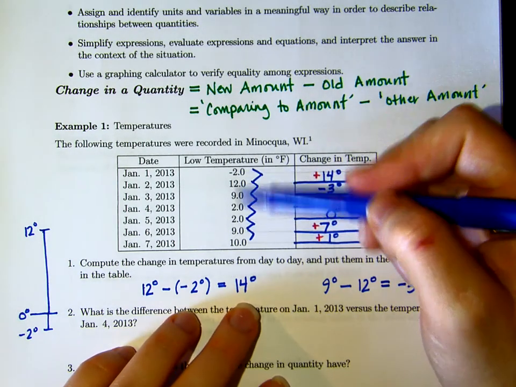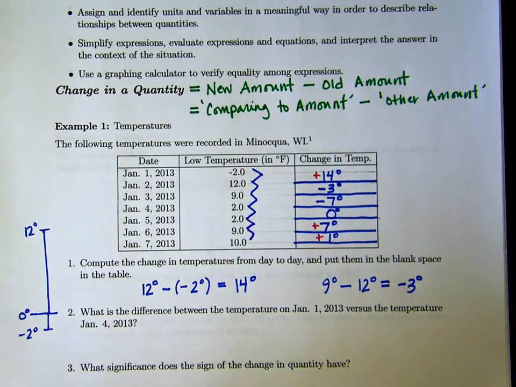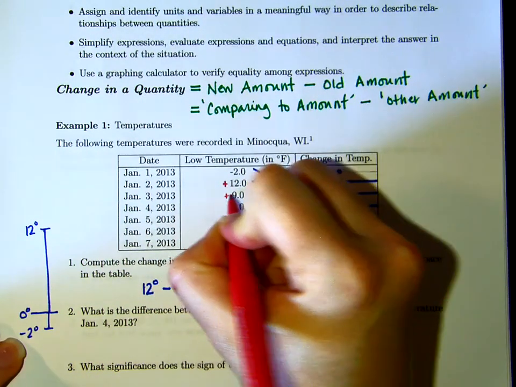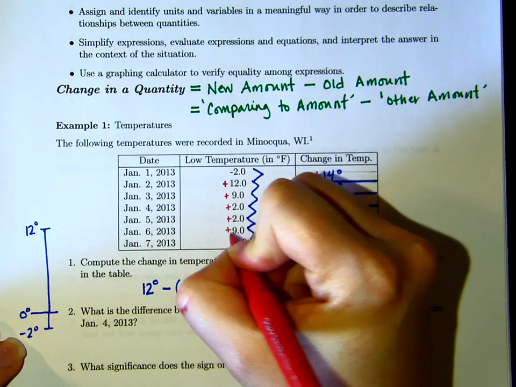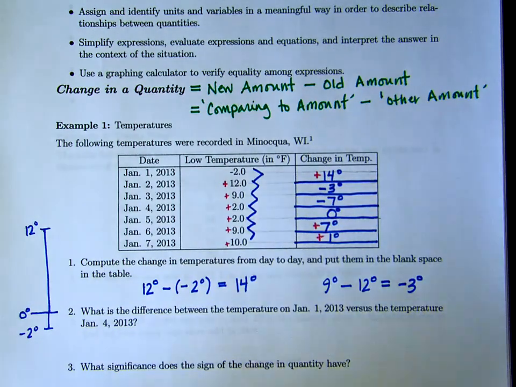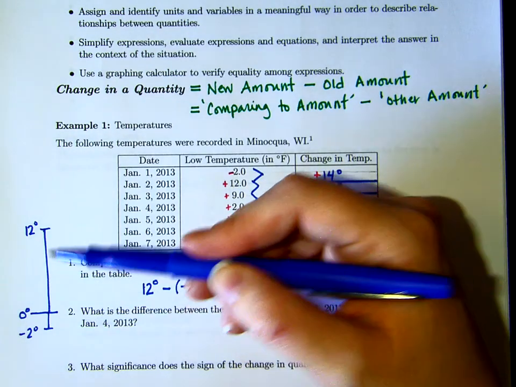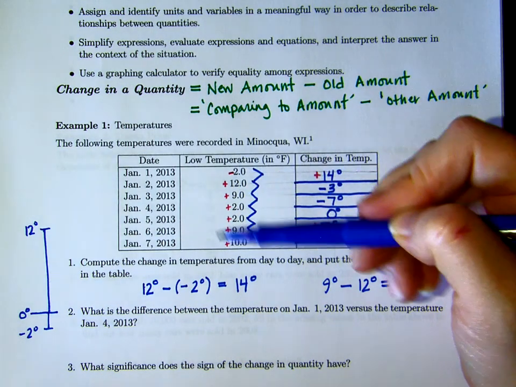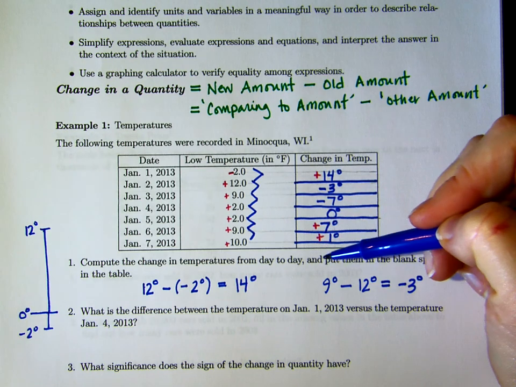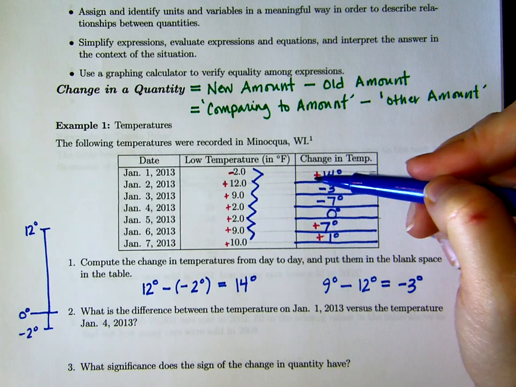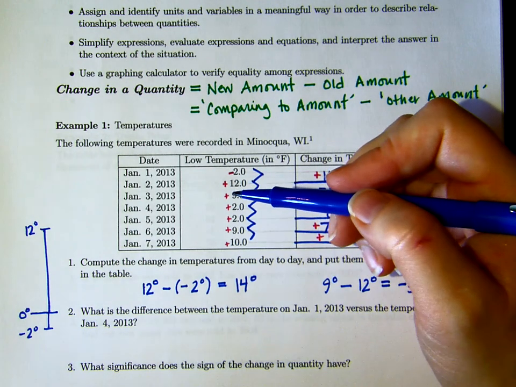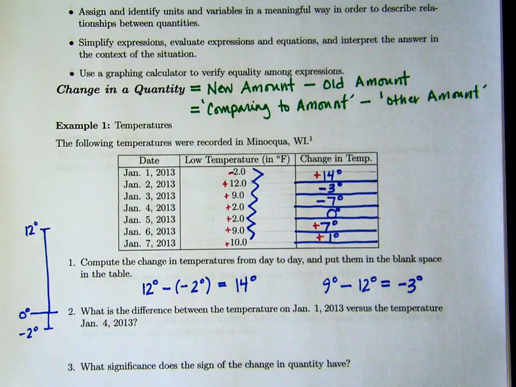But over here, when we look at the signs, those are all implied, even though we didn't write them. This one is negative. And these signs indicate above or below 0. So these signs mean something different than these signs because this is change and this is just the raw temperature.